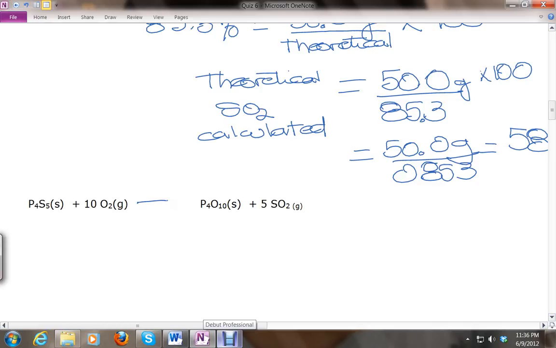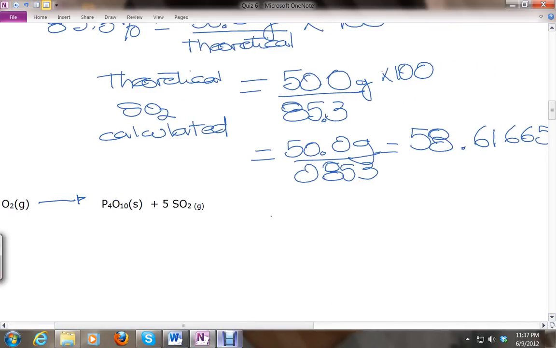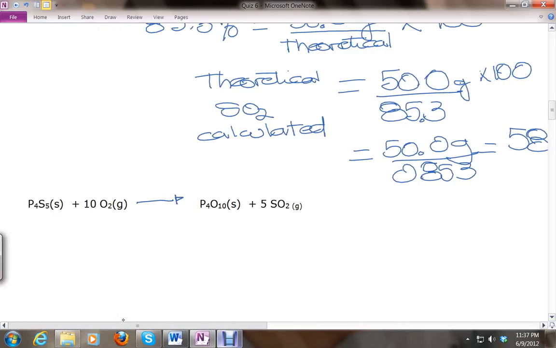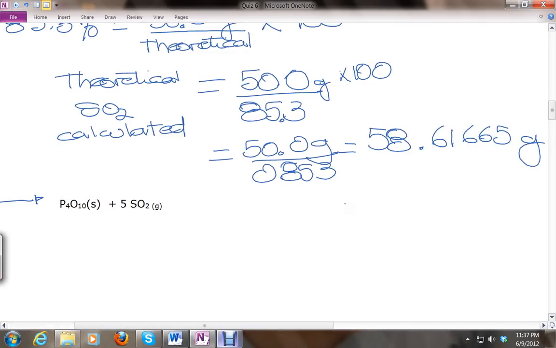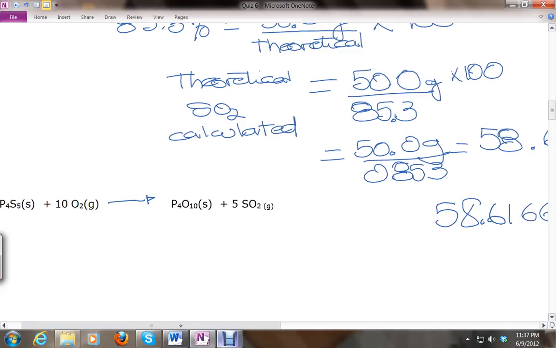So, having written the equation, what do you need to do now? Well, you need to find the moles of SO2 from the grams, because you're going to have to calculate to obtain 58.61. That way, after you finish the experiment, you get a total of 50, knowing the percentage of yield.